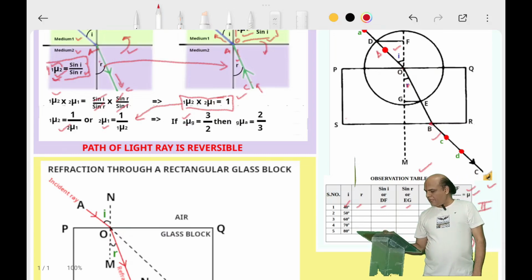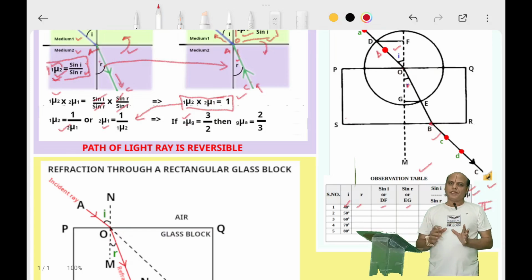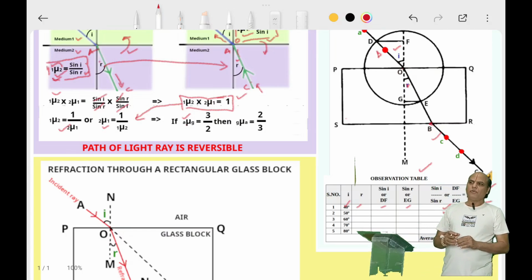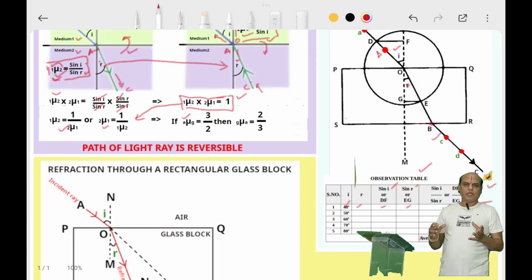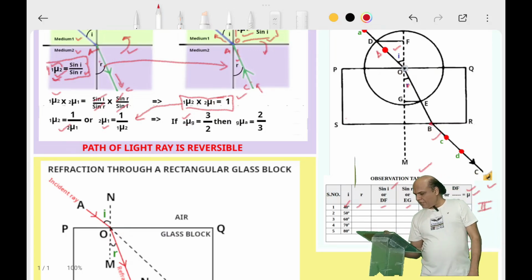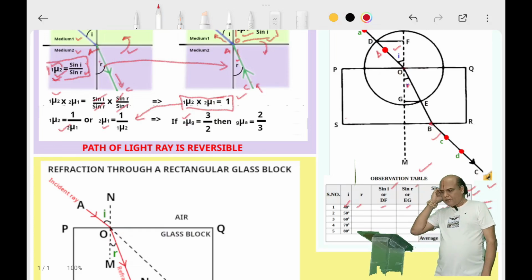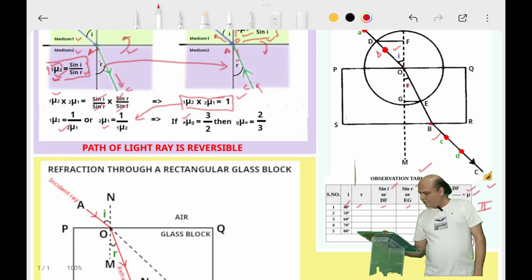Now, if there are no trigonometric tables available, so you don't want to look at the trigonometric tables to arrive at the values of sin i and sin r, there is another method in which you can obtain sin i and sin r. From point O, that is the point of incidence, draw a circle with a suitable radius.